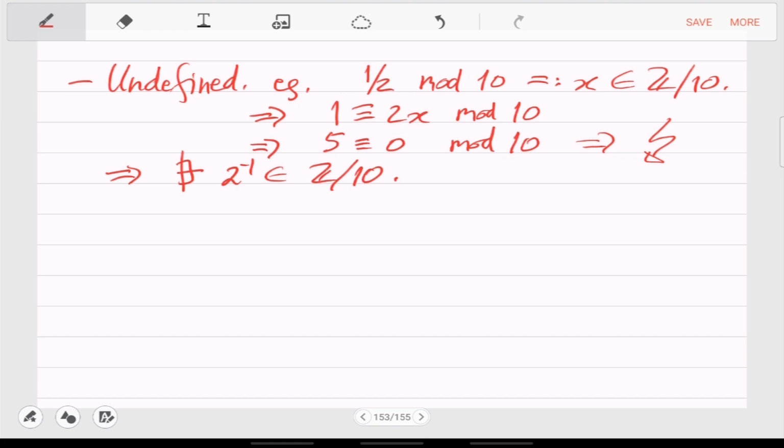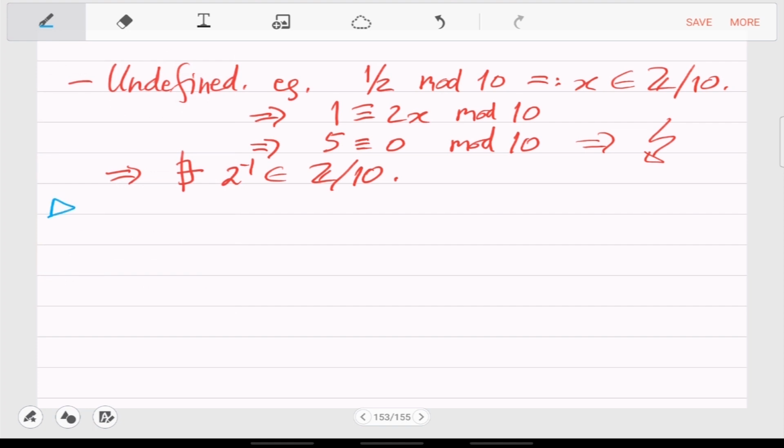Okay, the problem basically happens when you are able to do this last step in the proof by contradiction. The last step is you multiply your 2 by something which vanishes, which means that 2 divides 10. So the numbers which divide n, they will not have an inverse. Is that clear?